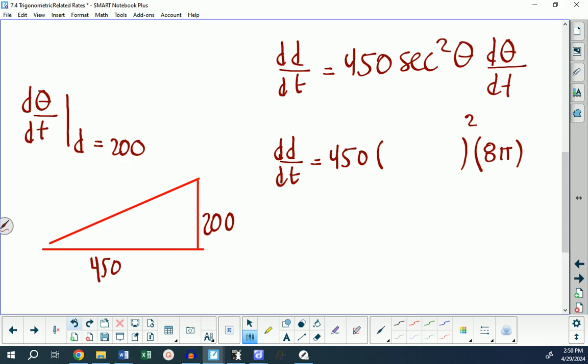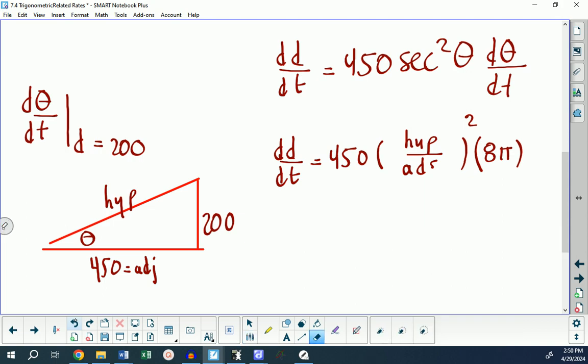Now, secant is the reciprocal of cos. And we revert back to SOHCAHTOA here. We're not talking unit circle or anything. In terms of theta, this is the adjacent side, and this is the hypotenuse. So what's going to go in here will be the hypotenuse over the adjacent side, because I hope you understand that secant squared is this in brackets squared.